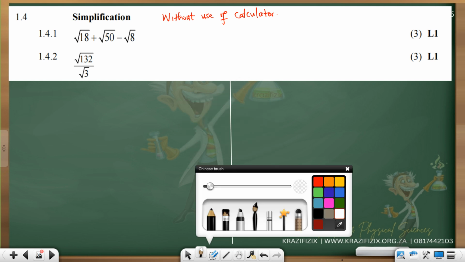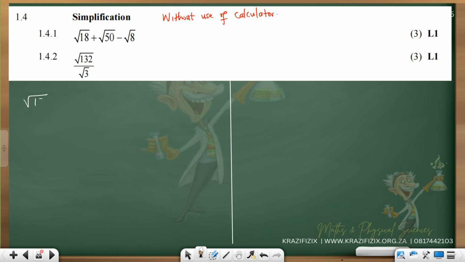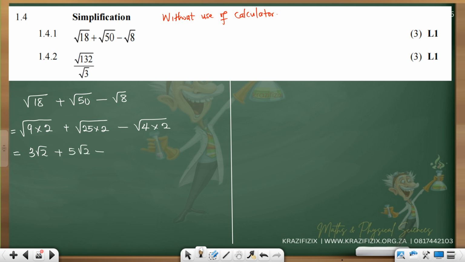All right, root 18. Let's start from there. So it is root 18 plus root 50 minus root 8. 18 is 9 times 2. You need to start thinking very fast. 50 is 25 times 2. And 8 is 4 times 2. So I can see my perfect square. The square root of 9 is 3, so this is 3 root 2. Square root of 25 is 5 root 2.